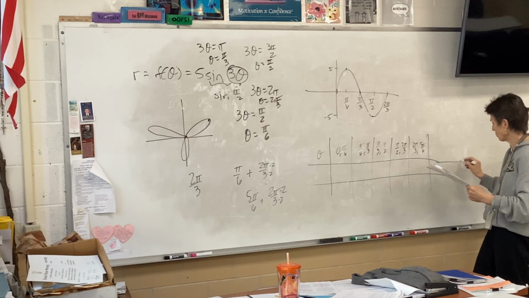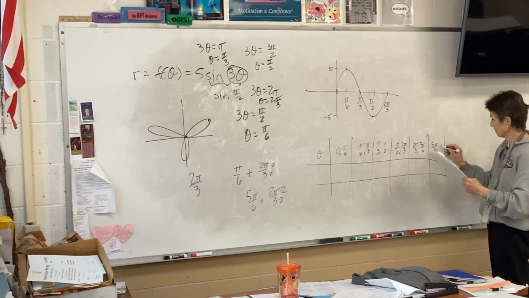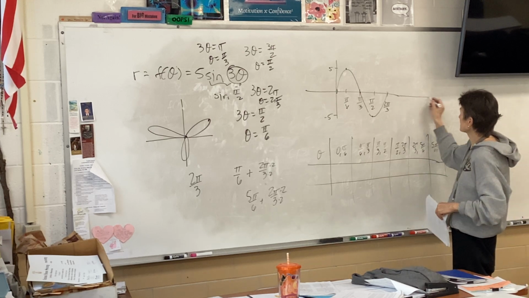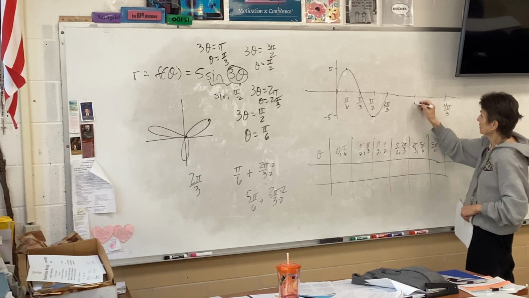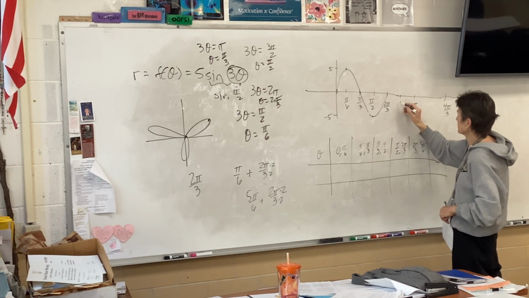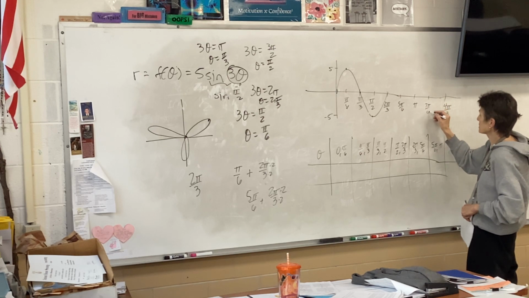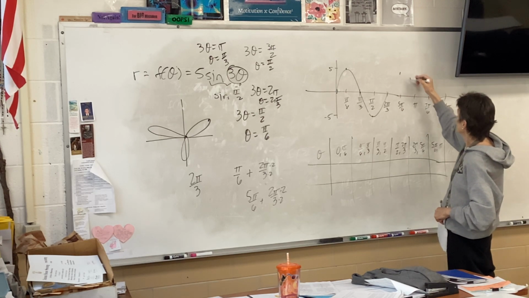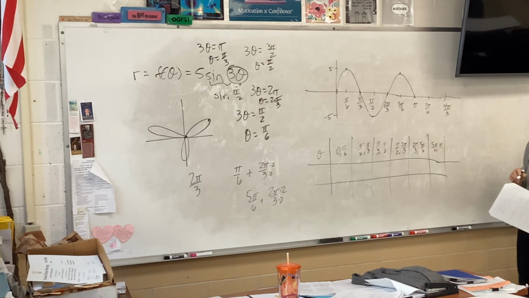Oops, I haven't graphed quite enough, so I will graph a little bit more. I need to continue this. Let's see, that's 3 pi over 6, 4 pi over 6, this would be 5 pi over 6, this would be 7 pi over 6. Okay, that's all I need right there.